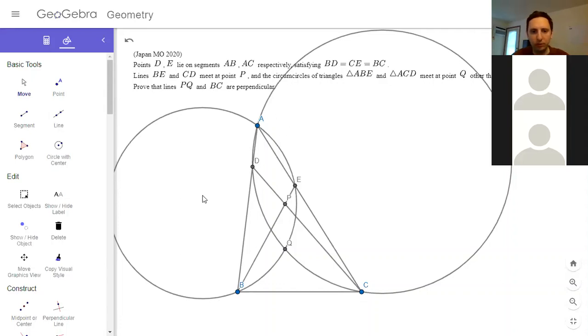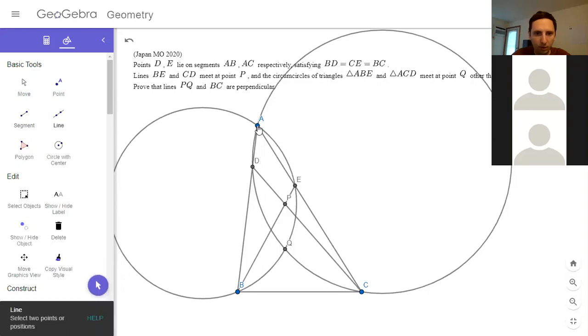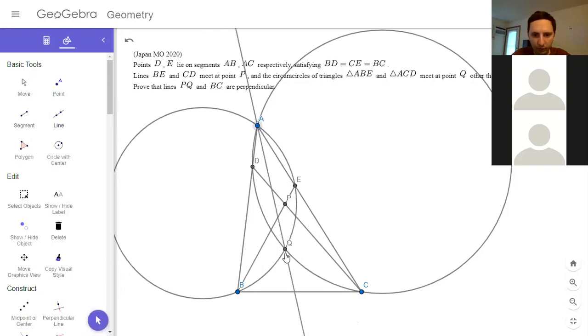Let's see. I'm just curious. PQ and BC are perpendicular.